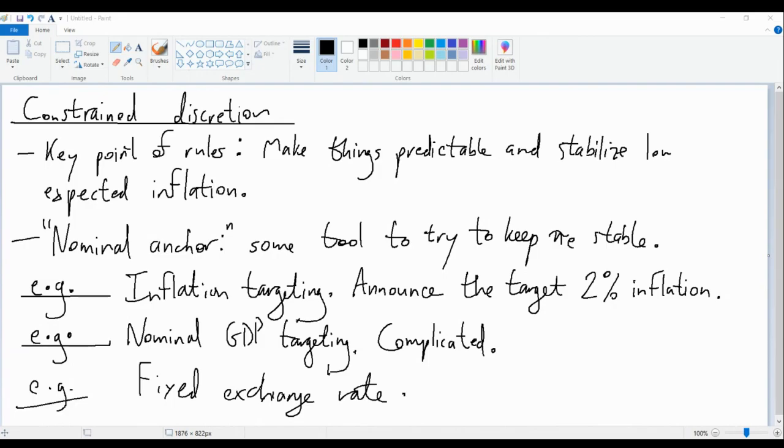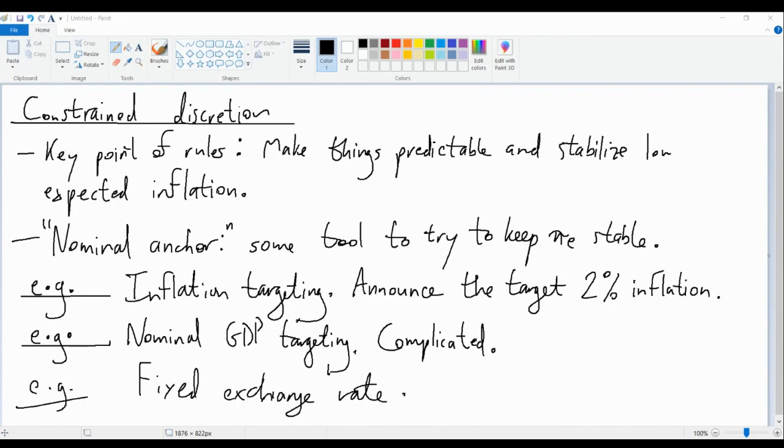So to summarize, the idea was that in practice, monetary policy is constrained by the fact that the outcome of monetary policy depends on our expectations. We're not fools, so we know that if central banks had full discretion, they might be tempted to inflate because of political pressure or maybe other reasons.